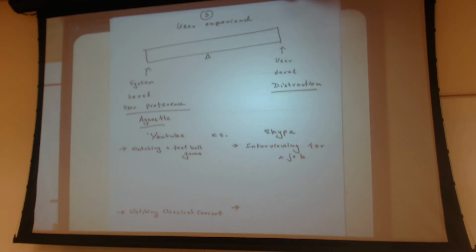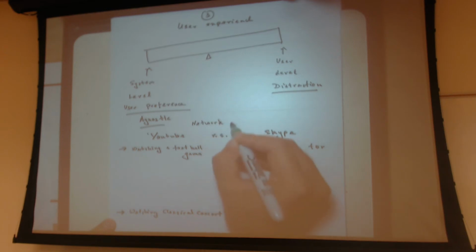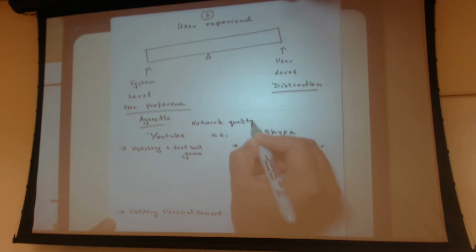And the second example is you're taking Skype lessons to learn piano. Now let's say the Wi-Fi or the network connection, the network quality becomes poor, or network quality changes.